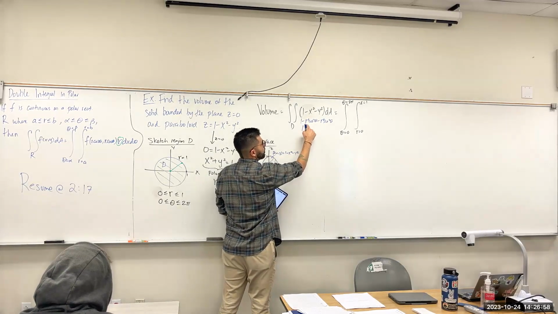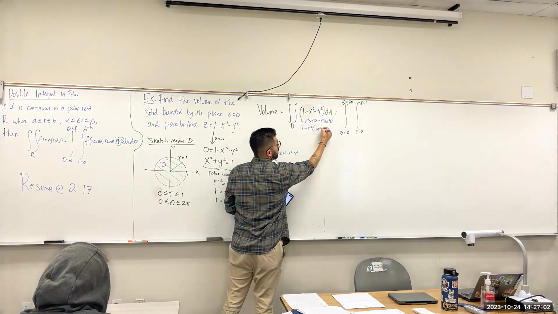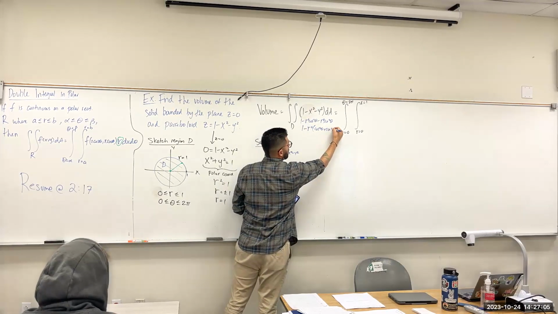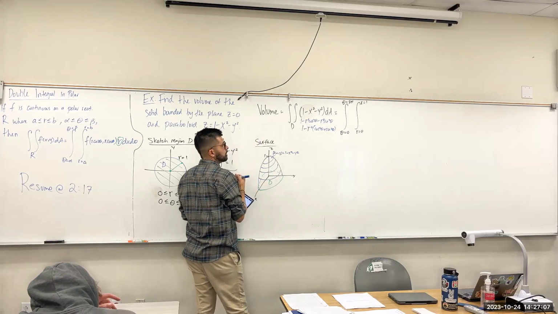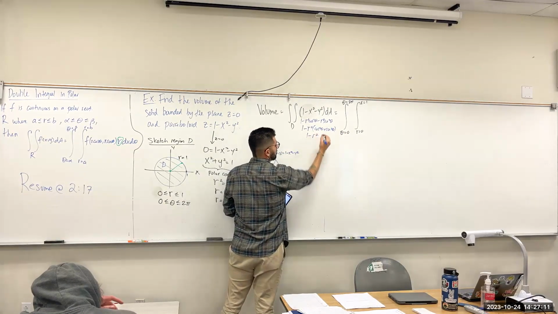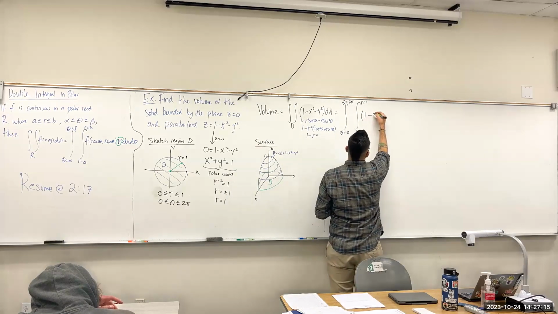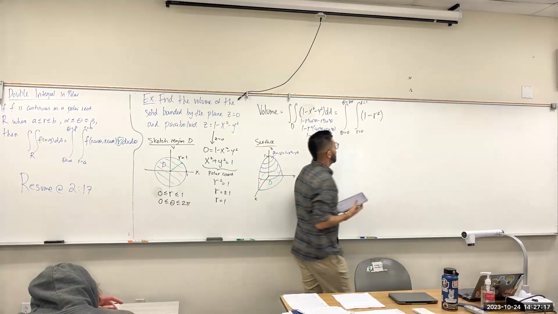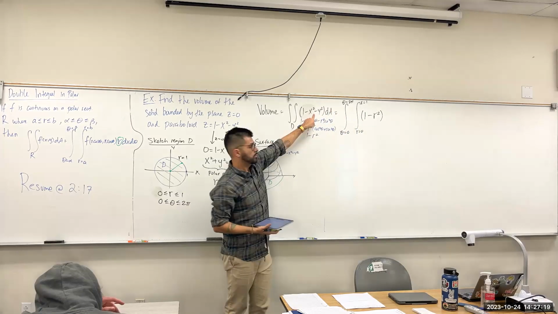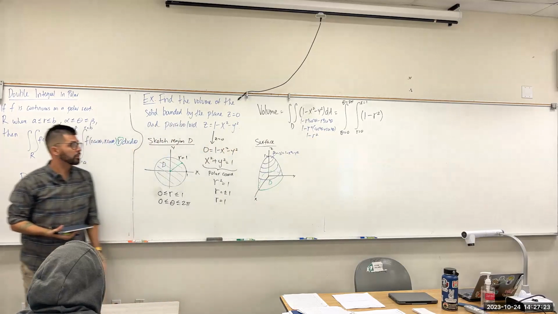Notice that I could take out the minus r squared. And what is cosine squared plus sine squared? 1. So then the function that I get here now is 1 minus r squared. That is this right here.